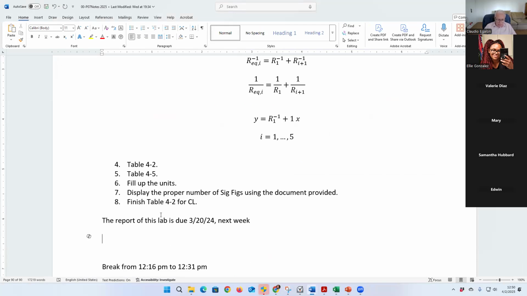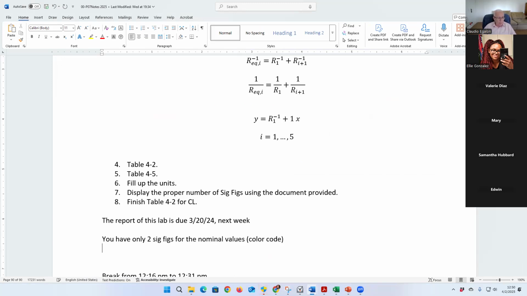The sig figs of the nominal values color code. You have only two sig figs, okay, for the nominal values color coded.